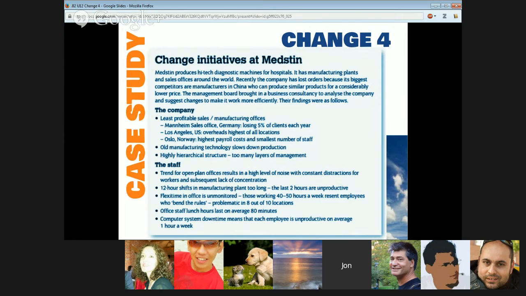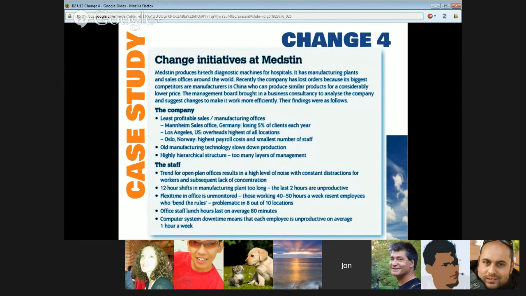Just a quick question. The highest overheads were in Los Angeles. What kinds of things might be part of the overhead? Let's clarify that word, overhead. Odie, if you have an idea, you can let me know first because you were reading. If you're not sure, I'll ask the class. I'm not sure.